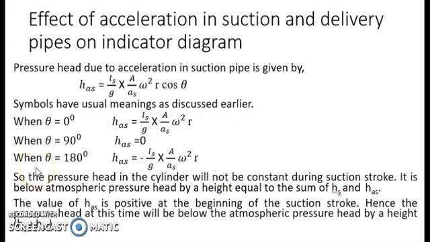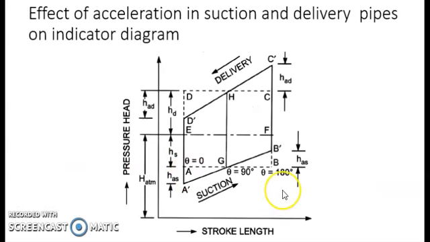We can observe that at the end of the suction stroke, when the value of theta is 180 degree, the value of h_as is negative. So the pressure head in the cylinder at the end of the suction stroke will be below atmospheric pressure head by a height equal to h_s minus h_as.